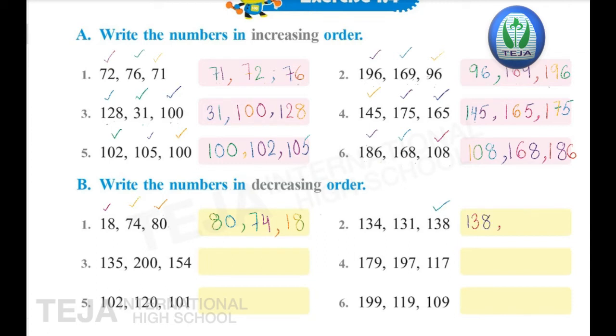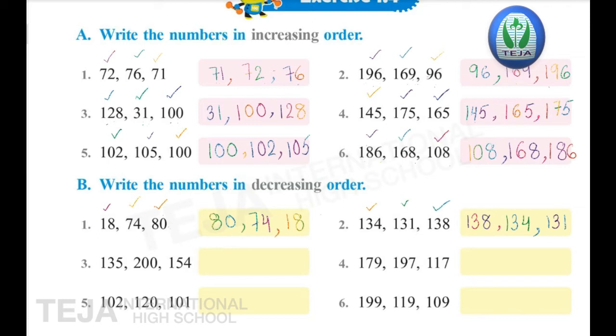After 138, the remaining two numbers are 134, 131. So next biggest number is 134. So write 134 in the box, children. Now the last number is 131. So write 131 in the box. The answer of second question is 138, 134 and 131.